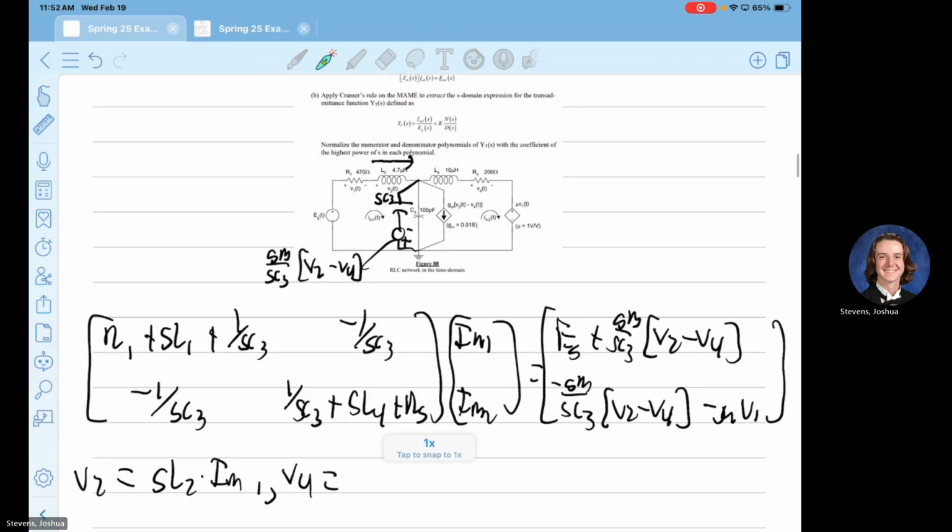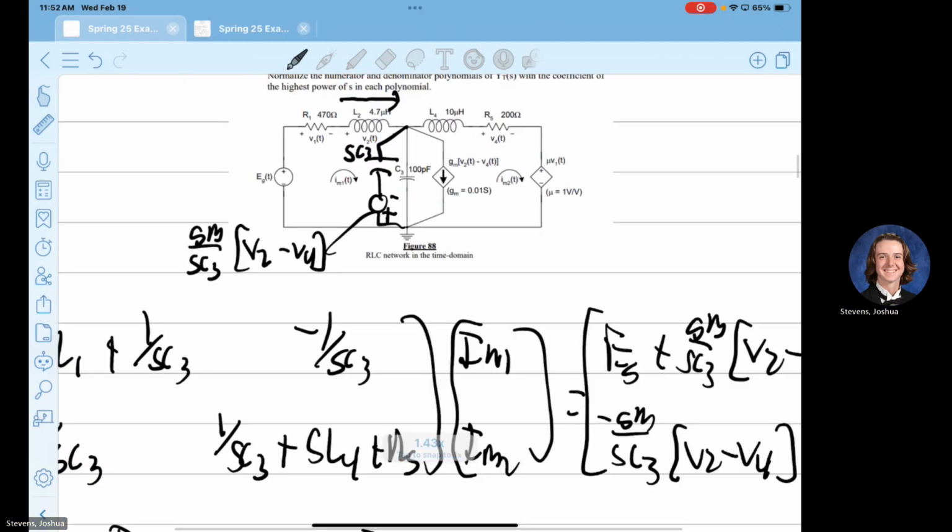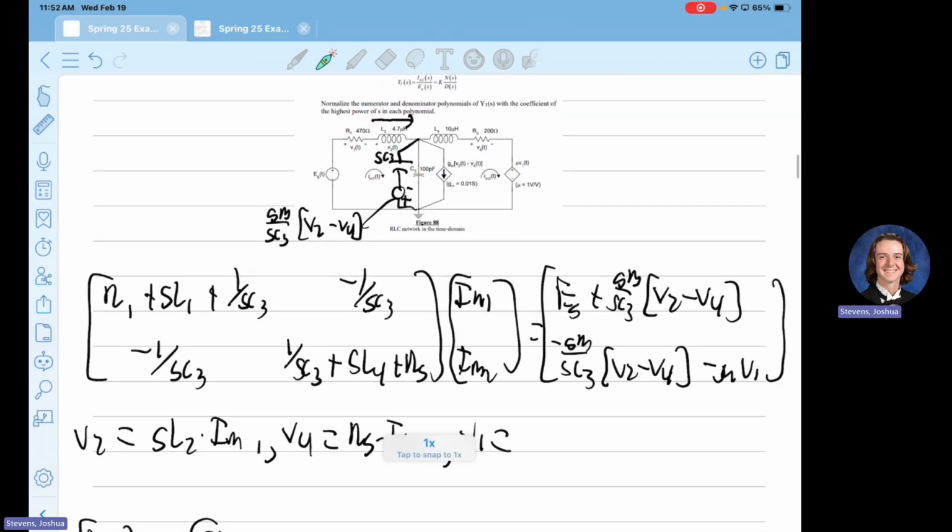Yep. And then we also need V1. So what is V1? V1 is right there. Exactly. Just Ohm's law.